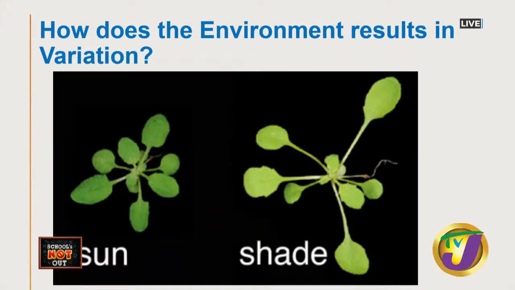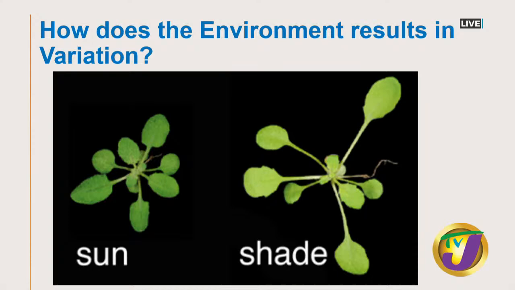Let's take, for example, plants. In the picture, we see two plants, one that is grown in the sun versus one that is grown in a shaded environment. Even though they might be the same plant sharing the same genetic information, the one that is growing in the shade might suffer from what we call chlorosis.